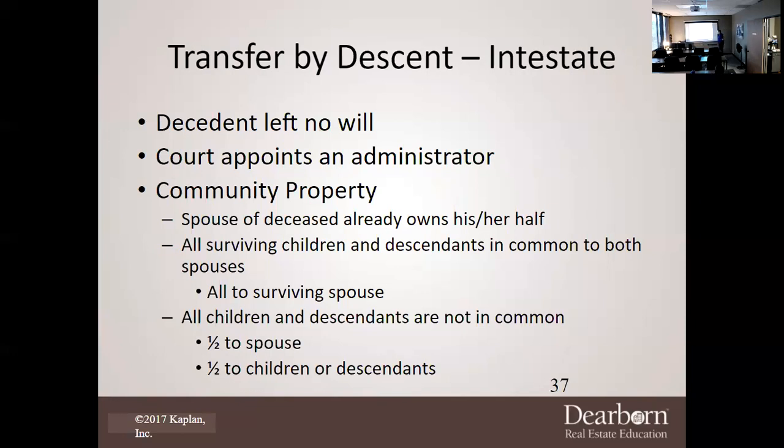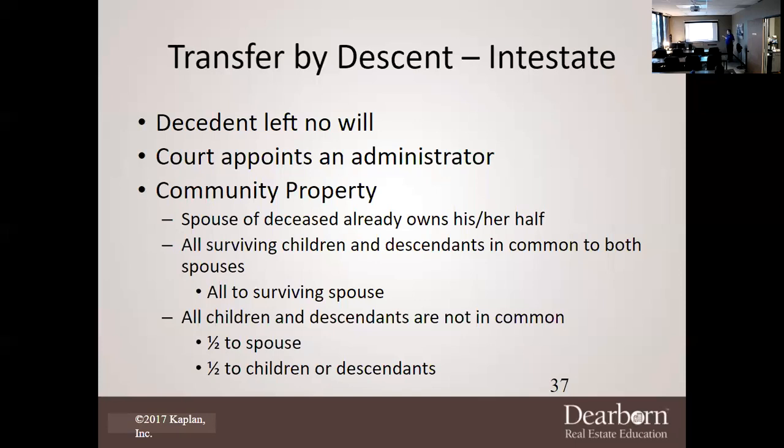The community property is like it says. Community property is where the spouse of the deceased already owns his or her half. All surviving children and descendants are in common to both spouses, and they all go to the surviving spouse. So in a community property state, which we are here in Texas, the spouse of the deceased already has their half.